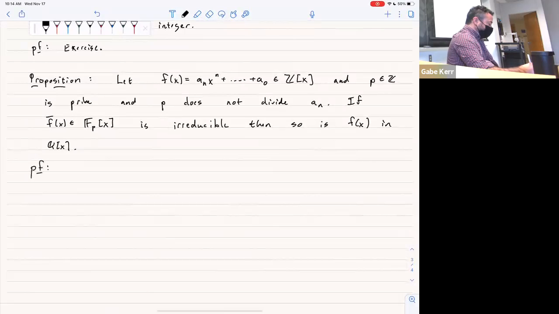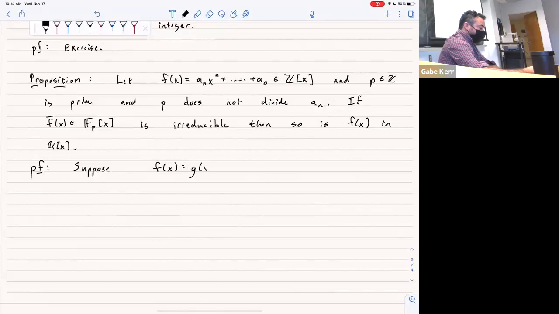What's the proof? Well, it's a contrapositive proof. You suppose that f is reducible over the rationals. Suppose f of x equals g of x times h of x.